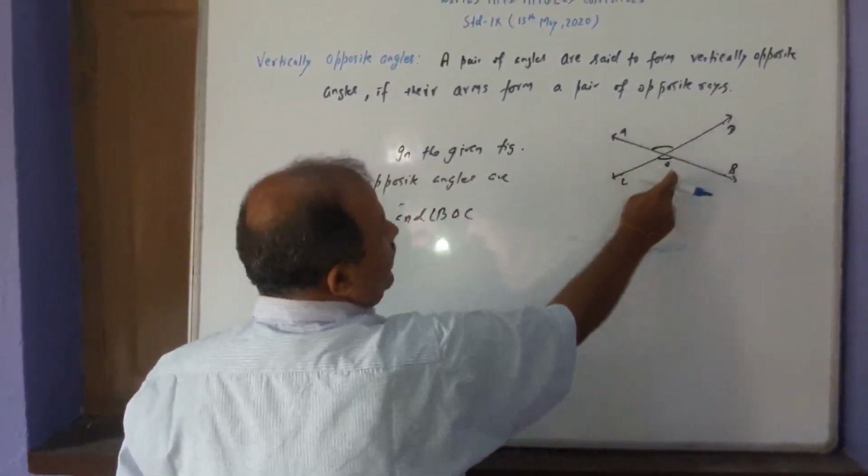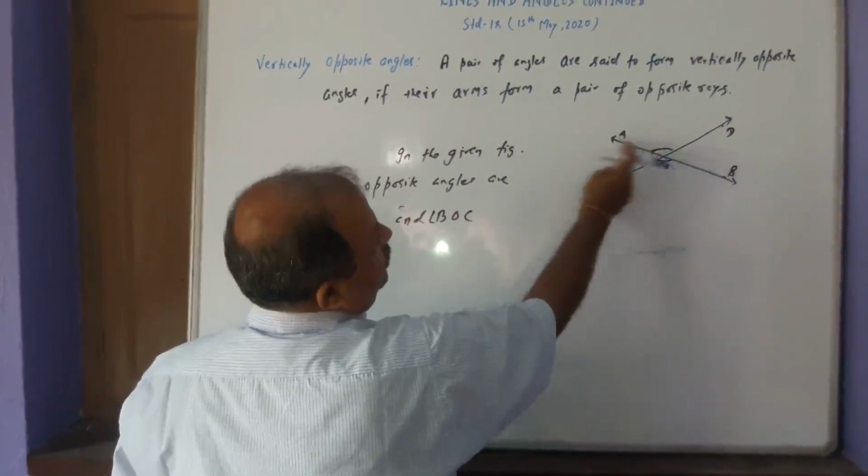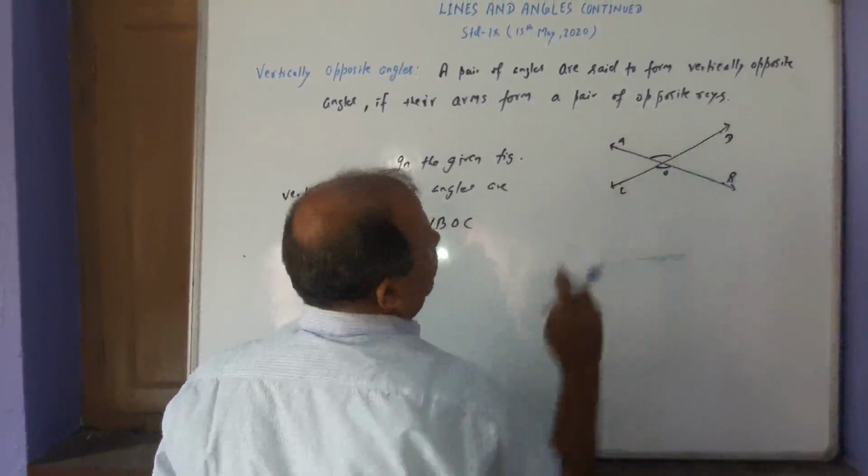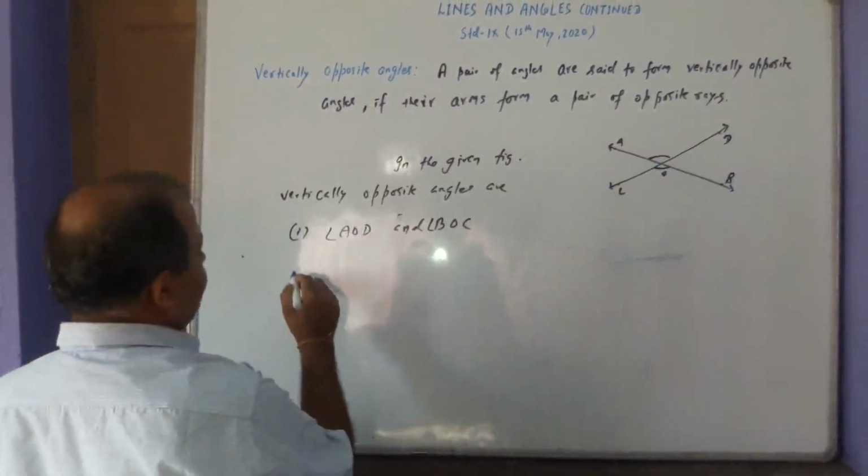These are vertically opposite angles because their arms OA and OB form one pair of opposite rays and OC and OD form another pair of opposite rays.